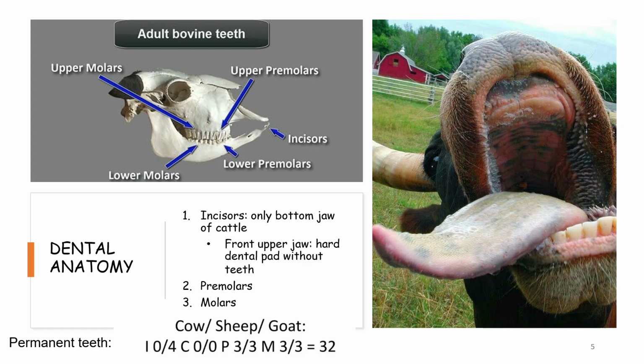For premolars, the upper jaw has 3 premolar teeth and the lower jaw has 3 premolar teeth. For molars, the upper jaw has 3 molar teeth and the lower jaw has 3.